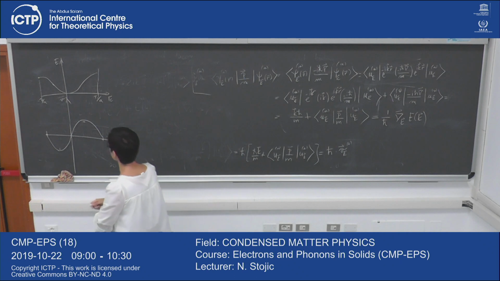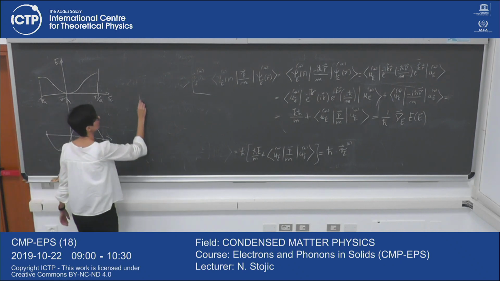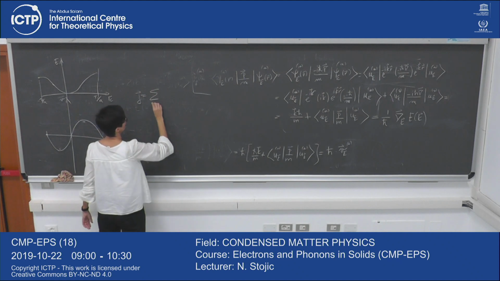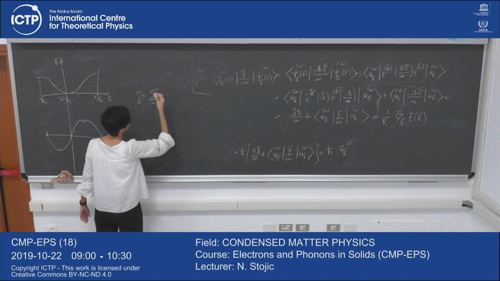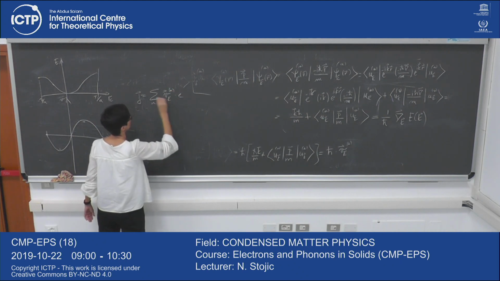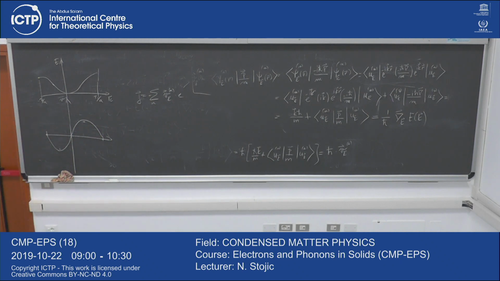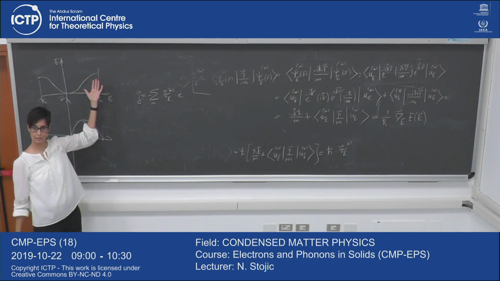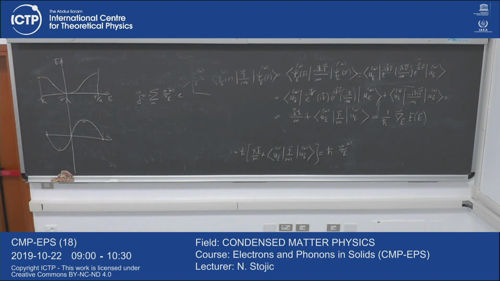So what is the current in equilibrium? We just derived the v, and we can express the current. I hope it's okay to write it like that, with the minus sign. Good. So in equilibrium, I will have a number of states occupying the bottom of the band, let's say, symmetrically around the gamma point, up to here, whatever.